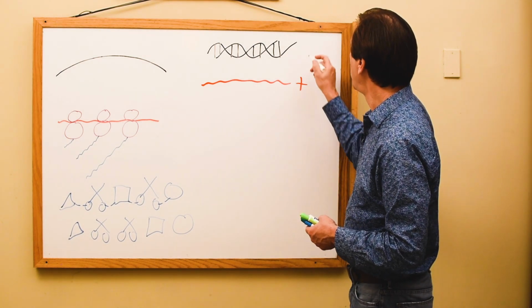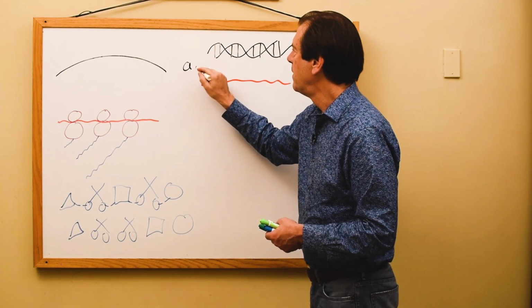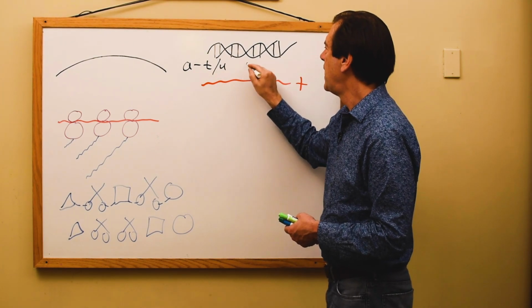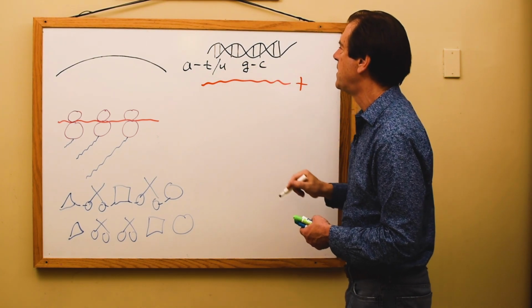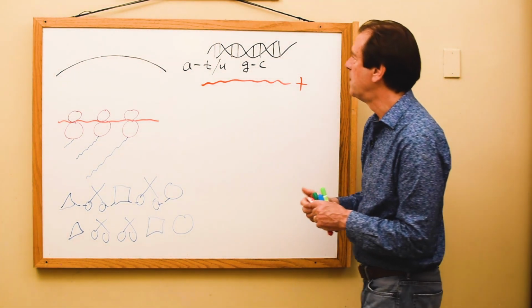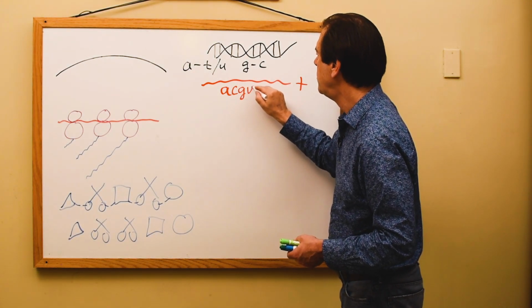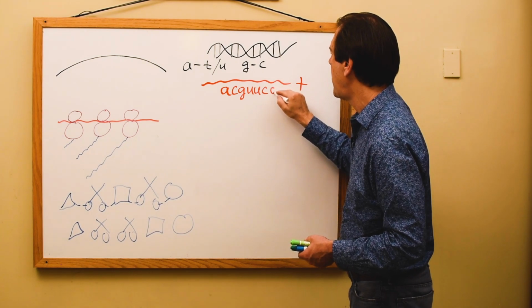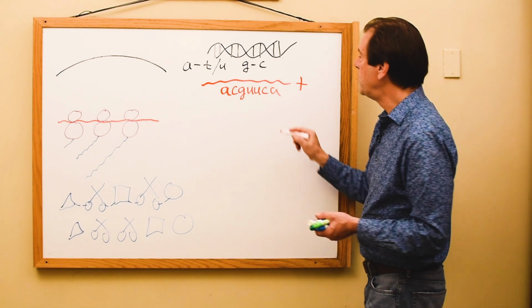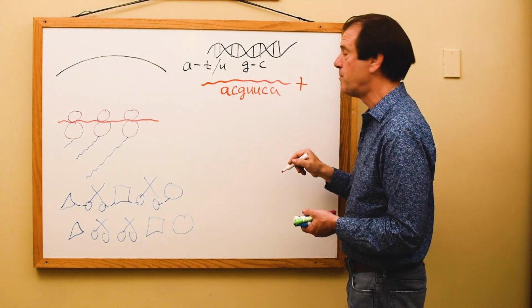And so some of you may recall that of the 4 bases, A is always bonding to T, in RNA that would be U, and G is always bonding to C. Now, let's take this RNA and imagine there's a sequence here of A, C, G, U, U, C, A. Okay?